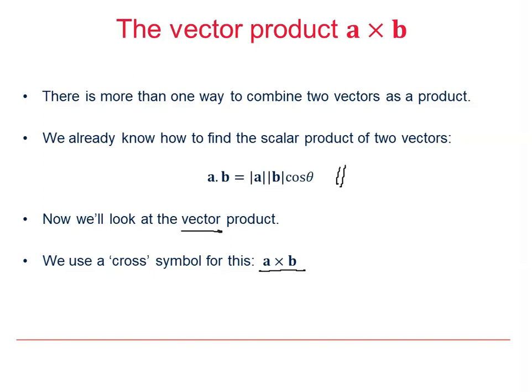So we talk about this as being the vector product or the cross product of two vectors a and b. Now this is only true for vectors which are in 3 dimensions. So a, for example, could be the vector (1, 2, 3), and b could be the vector (-2, 0, 4). And then we could calculate the cross product, and we're going to look at how we do that.